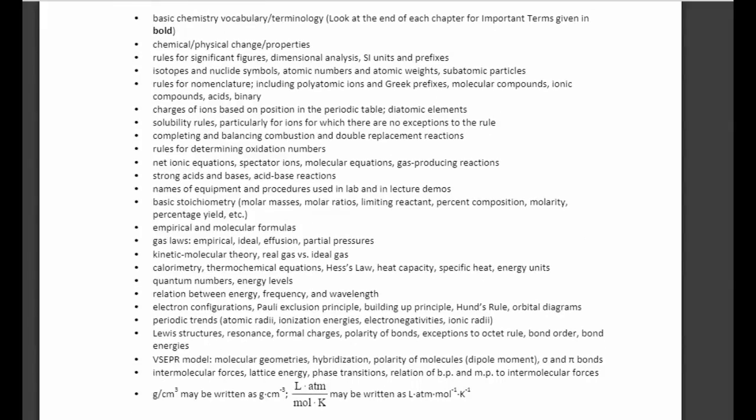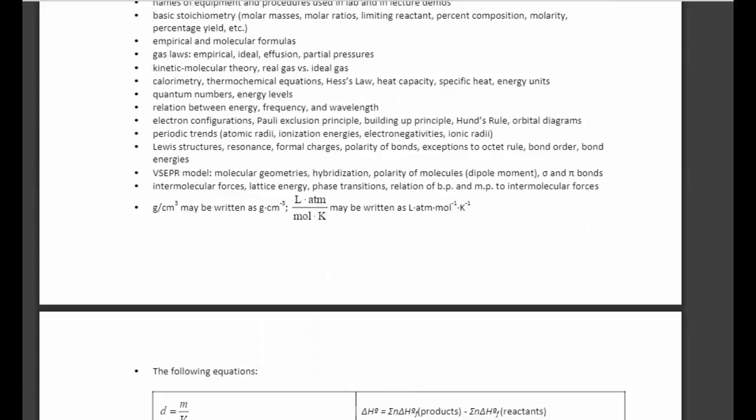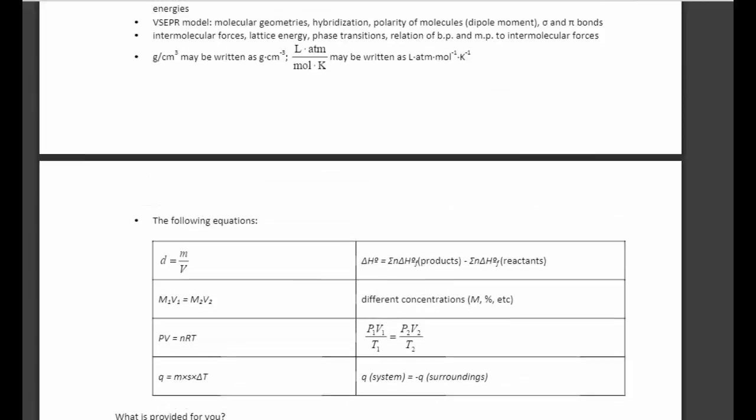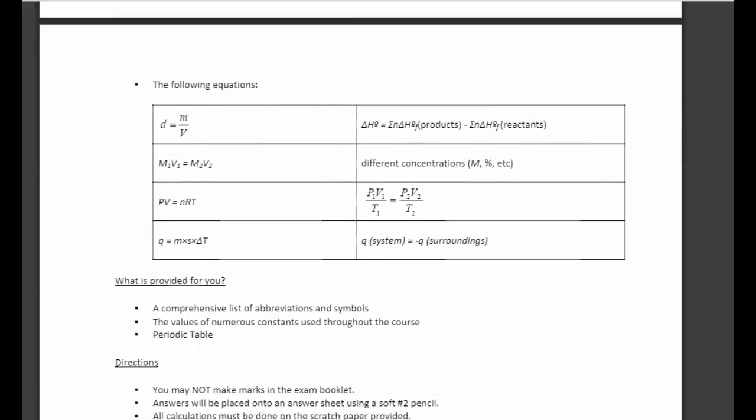Should be no surprise that it's all the main topics that we've talked about so far. These are equations that you'll probably have to use, but again, should be no surprises. I'm sure that all of you probably already know those equations, but those are the ones that you have to know. They will not be provided. Okay, you have to know them, but you probably already know them.